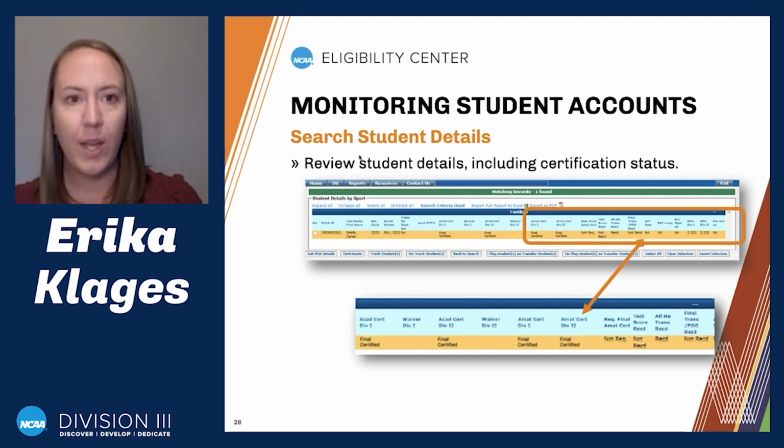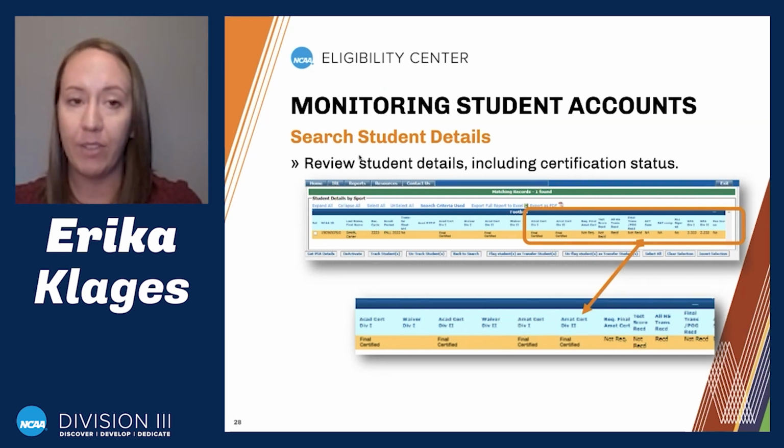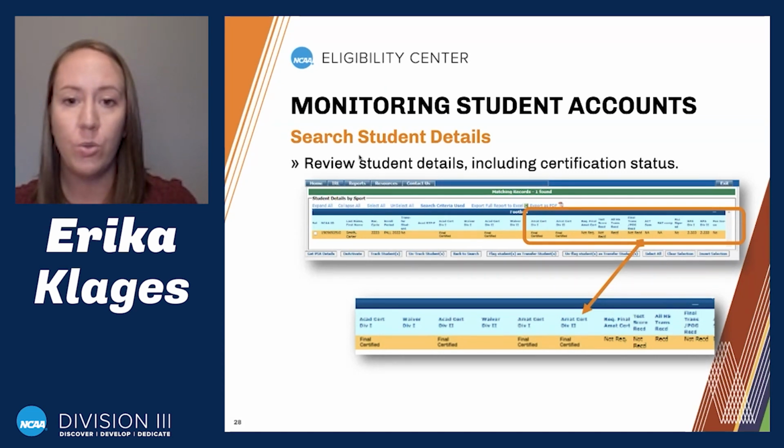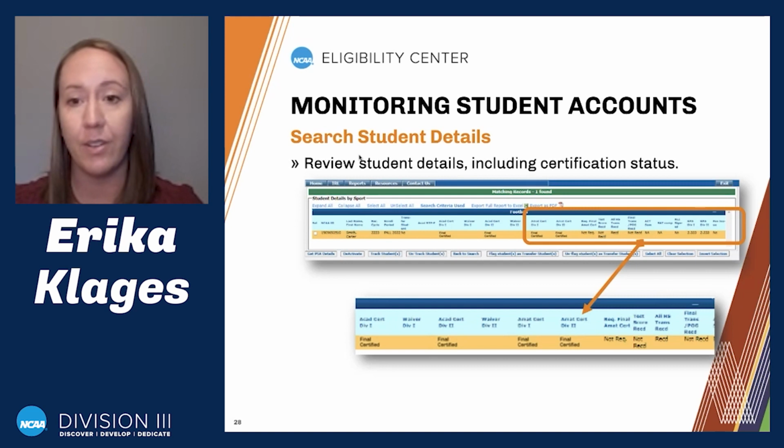So once you have identified a prospective student athlete on your IRL, you are going to see a view that looks something like this. You've got the PSA's ID number and their name.